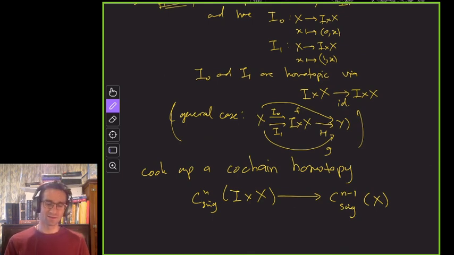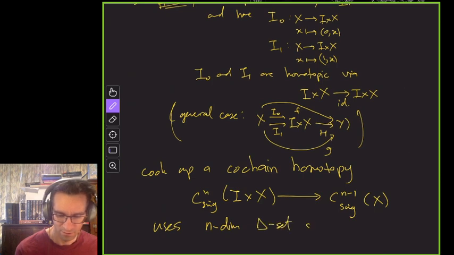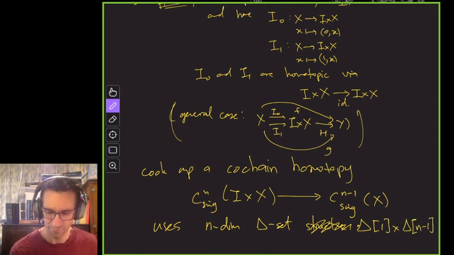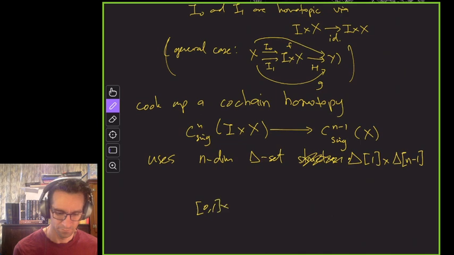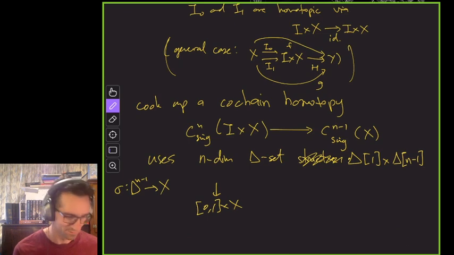And it uses the n-dimensional delta set, delta 1 times delta n minus 1. So let's suppose you're given sigma from delta n minus 1 into x, and you need to evaluate something on it.